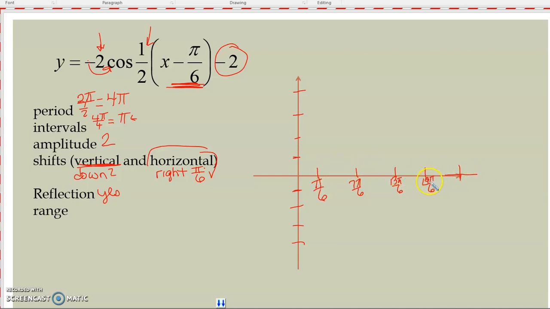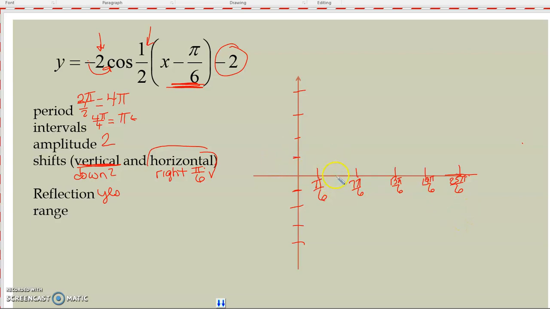If I add another 6 pi over 6, then I get 25 pi over 6. So did I add that right? Oh no, that would be 25 pi over 6, sorry. I was one off.